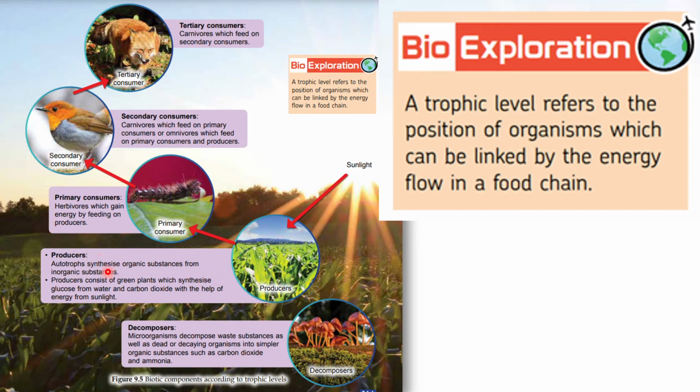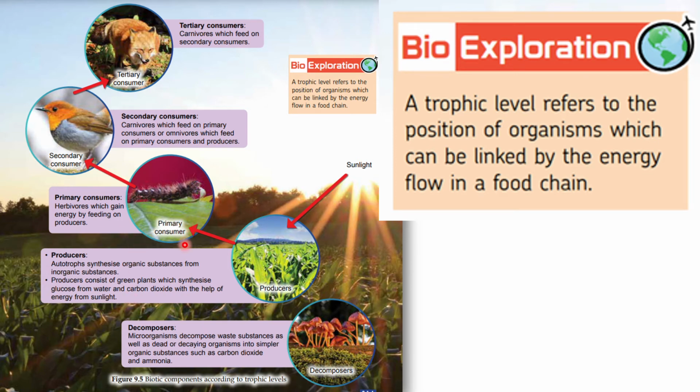They are able to synthesize organic substances from inorganic substances, absorbing light energy from sunlight to be converted into chemical energy. So producers are the green plants. They are able to synthesize glucose from water, from carbon dioxide, and of course, from light energy from the sun.